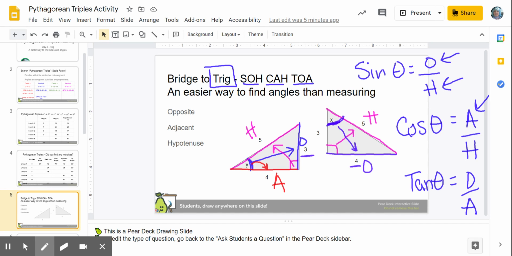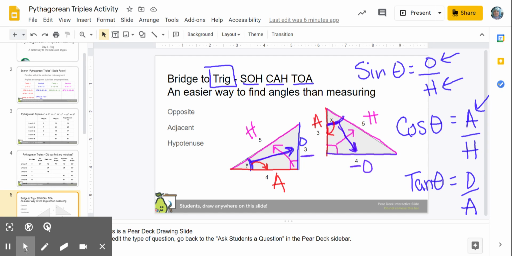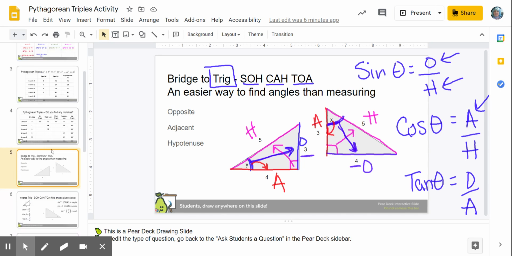Y is the angle opposite the 3, and X is the angle opposite the 4. So our O, A, and H are going to change. The adjacent side is the one next door. So here, the A is adjacent. So we've got O, A, and H. Opposite is the O, adjacent is the A, and hypotenuse is the H.